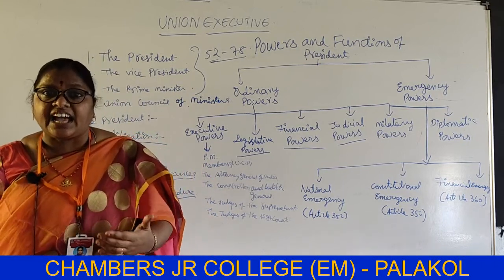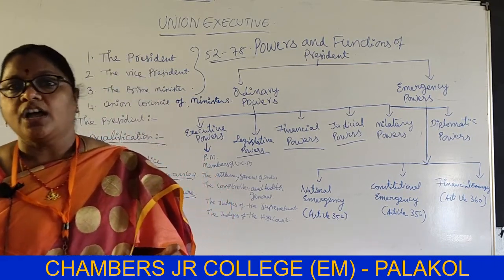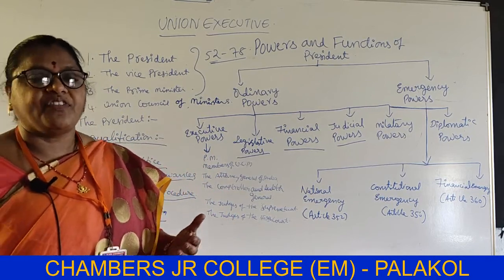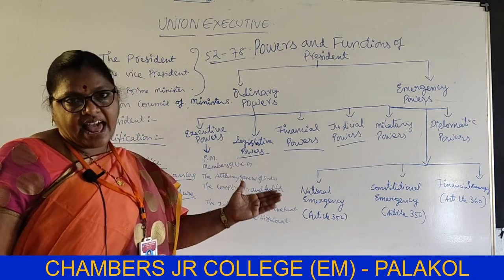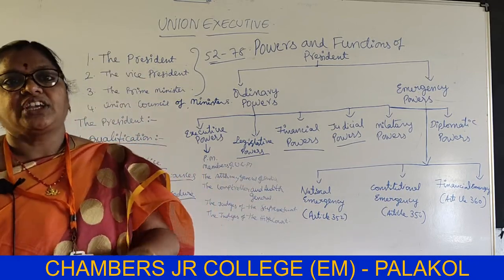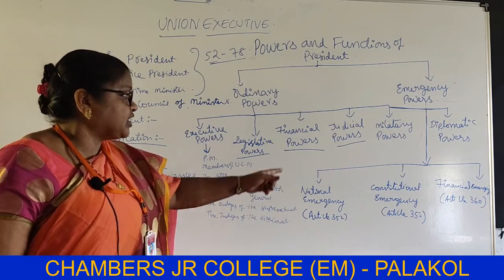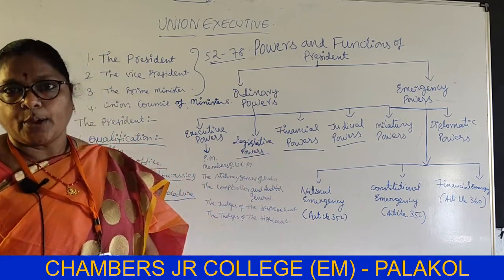He can seek advice from the Supreme Court on any question of law, but whether he follows it or not is up to his wish. These are the judicial powers.